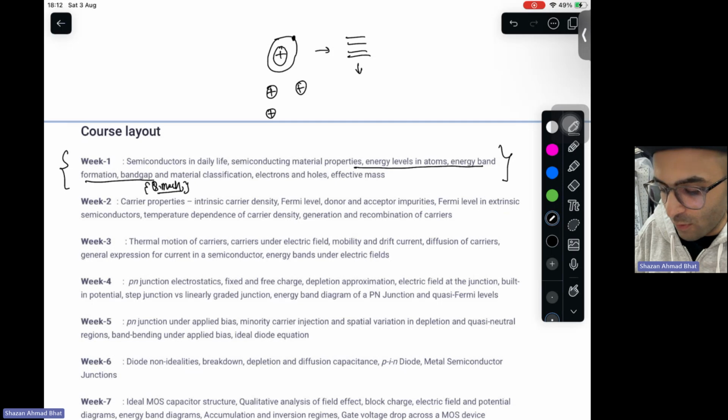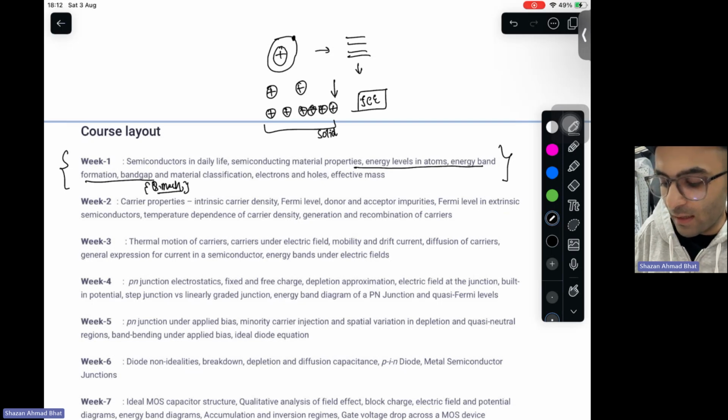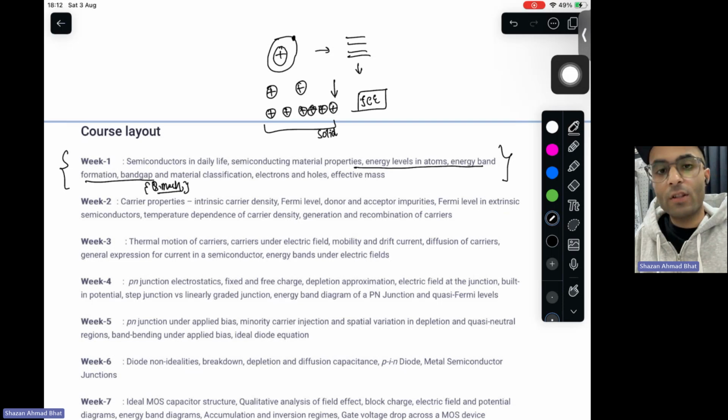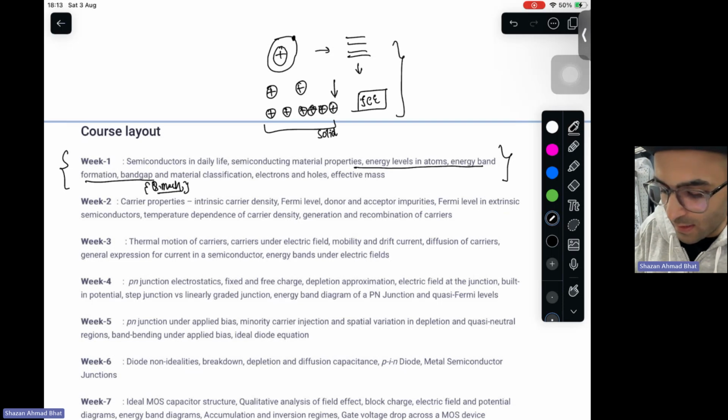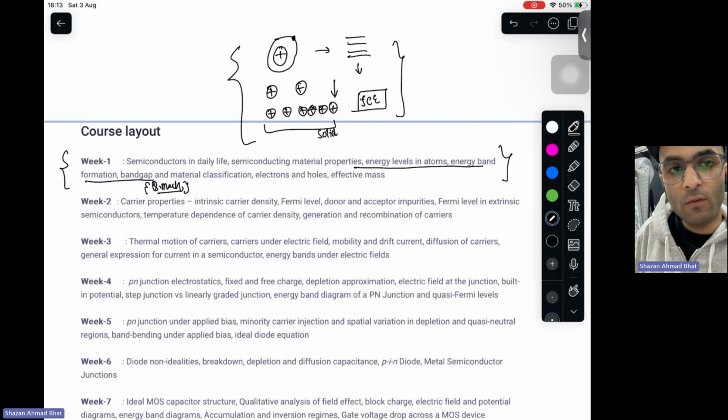And when you combine more atoms together, you get, let's say, a periodic structure, and that is how you transition from the single atom to the solids. You again solve the Schrodinger equation, and what you get is energy levels again, but with certain allowed energy levels and certain energy levels which are not allowed. So this will all be dealt with in this week one, and you might have already covered that.